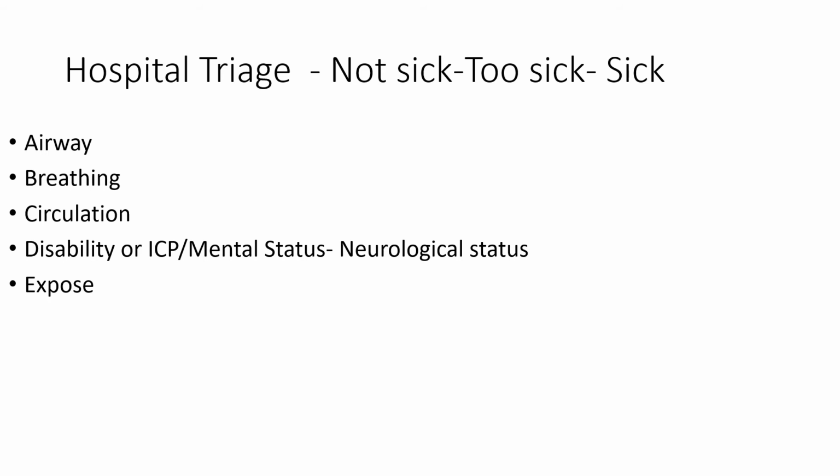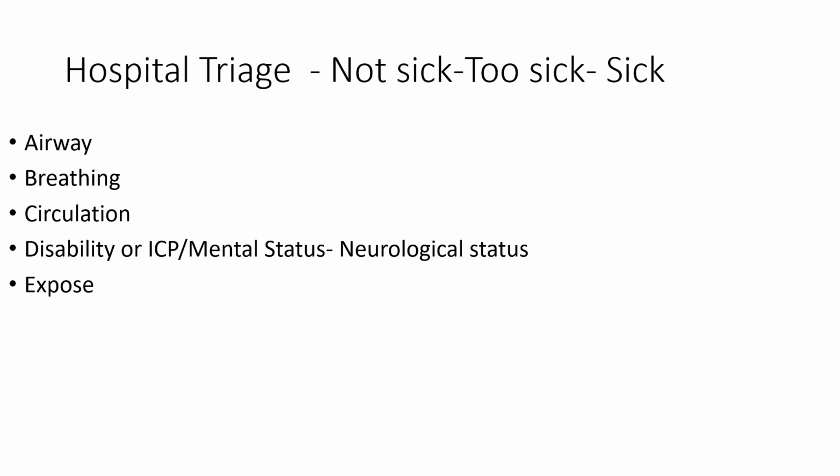Or are they obtunded, confused? They don't know where they are because of a head injury. Or are they just unresponsive with no movements of their arms or legs? So neurological status is very important, especially once we're going to start giving them drugs that are going to make them unconscious.